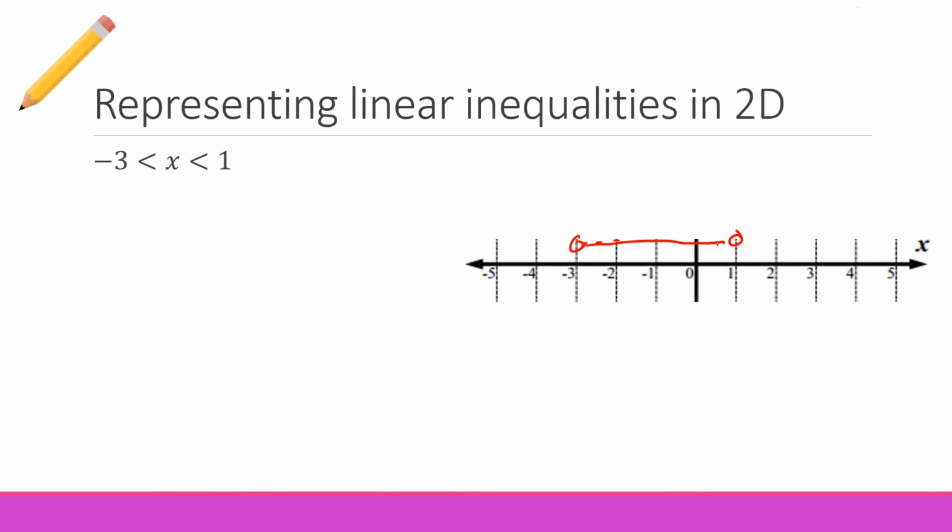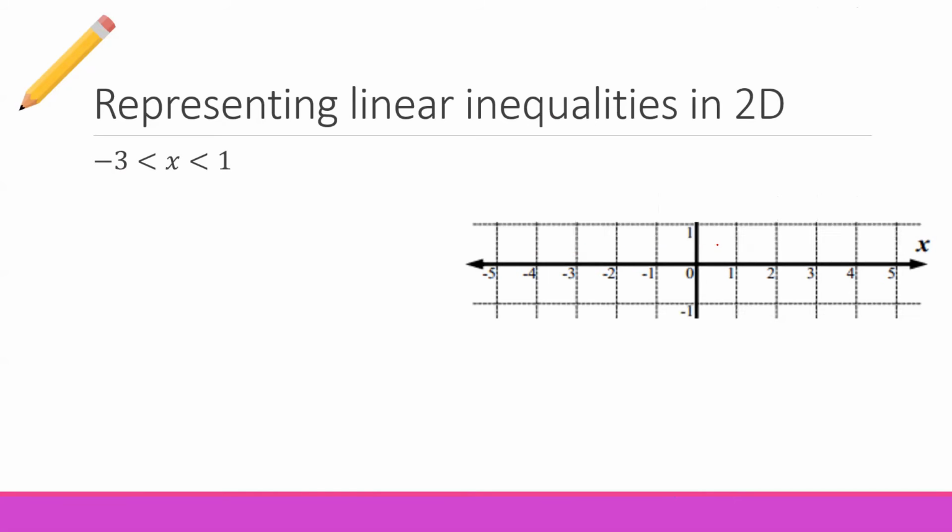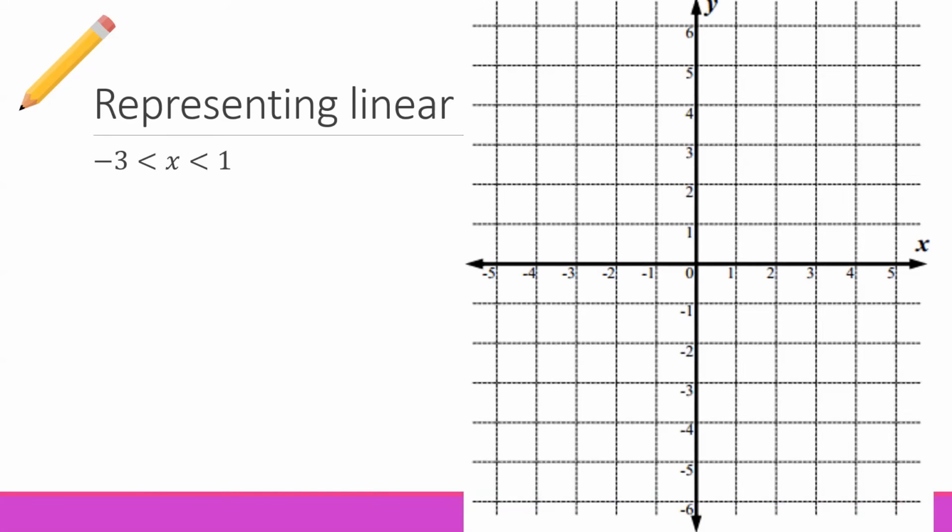So how does this change when you look at 2 dimensions? Well, it realistically doesn't change much. All you do is instead of using a circle at -3, you do a dotted line at -3.